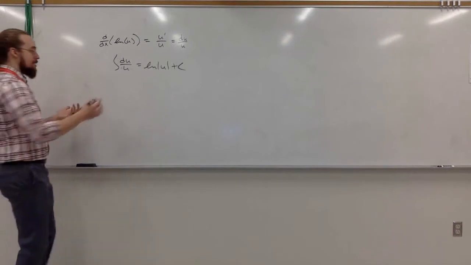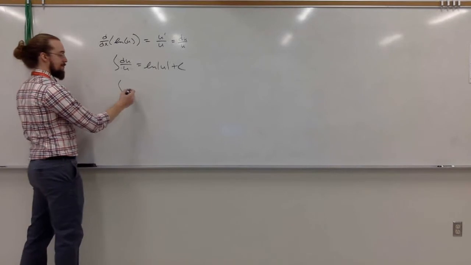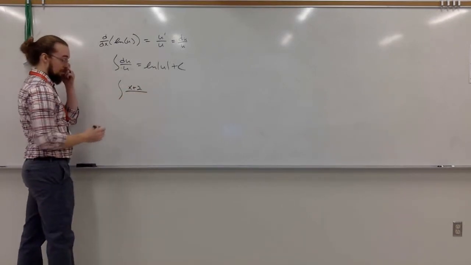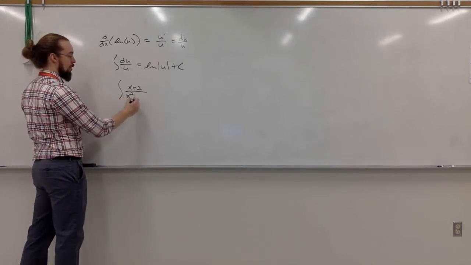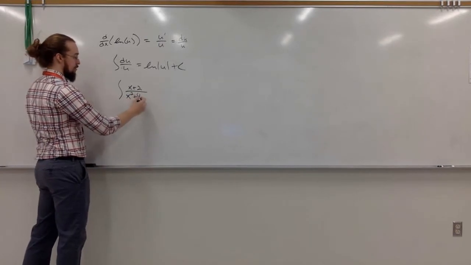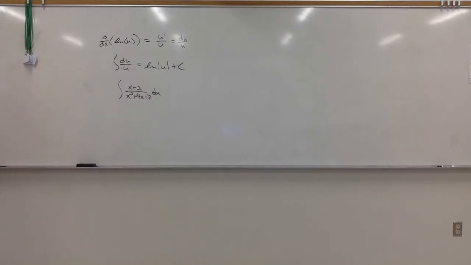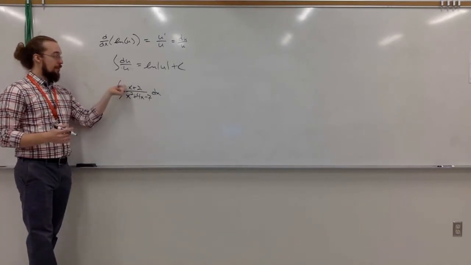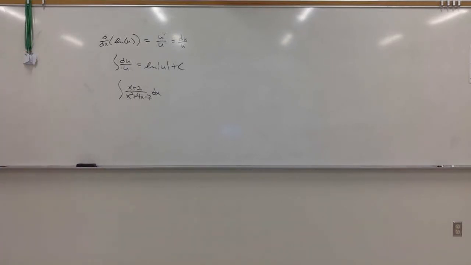So an example of something like this might be x plus 2 over x squared plus 4x minus 7. In this case, we should be able to recognize that this top, the x plus 2, is a multiple of the derivative of the bottom.